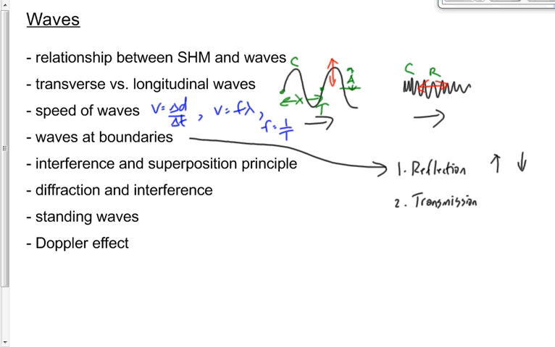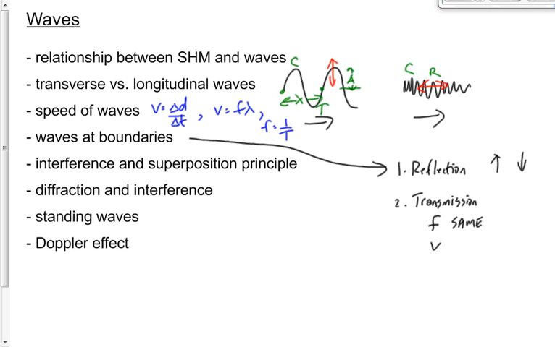Transmission. When the wave goes into a new medium, something stays the same. What is it that stays the same? Always, once a wave has been made, the frequency stays the same. What changes? We know the speed changes. Think of that soldier analogy.